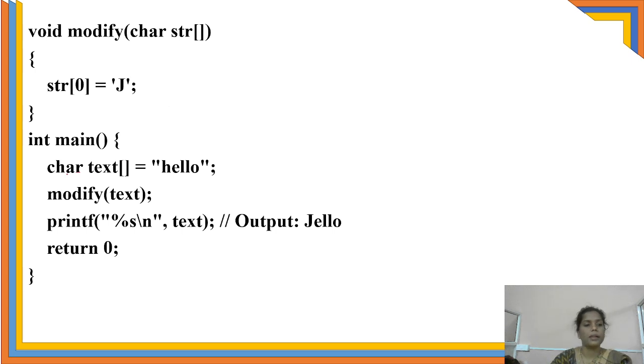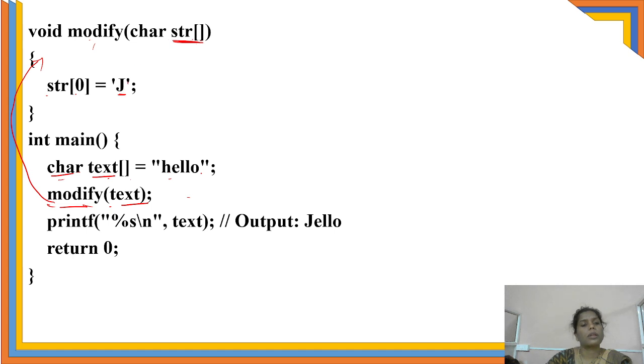Here is one example: character array name equals "hello", then modify text. So we are calling this modify function, and it will go to the function definition. To hold that, they have taken a character array, string[0] equals 'j'.